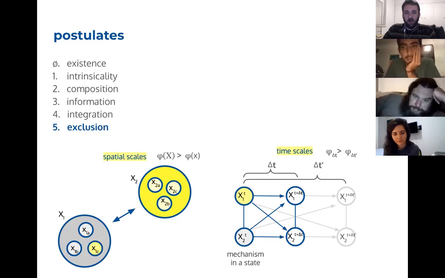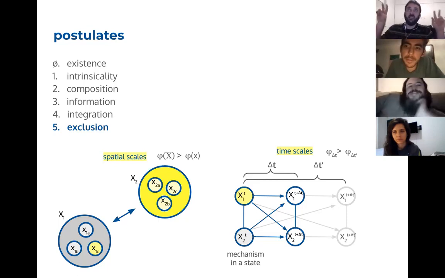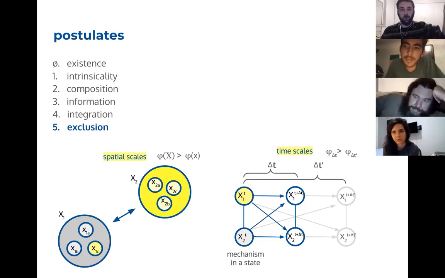But then, having the means to treat the cause-effect structure as this organized system of mechanisms, and to have the means to evaluate its properties, that's really the thing that brings the physicalist analysis of the brain up a notch.